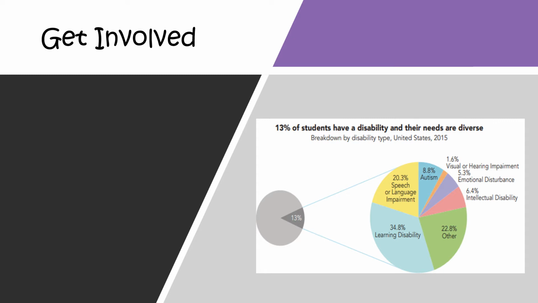Here is a breakdown graph by disability type in the United States from 2015. 1.6% of children are visually or hearing impaired. 5.3% have an emotional disturbance. 6.4% are intellectually disabled. 8.8% battle with autism. 20.3% have a speech or language impairment. 22% is other, and 34.8% have a learning disability.